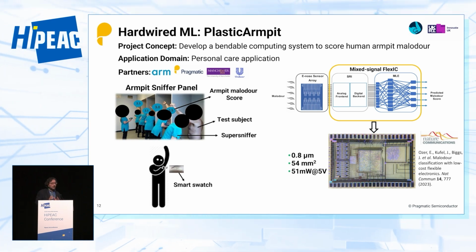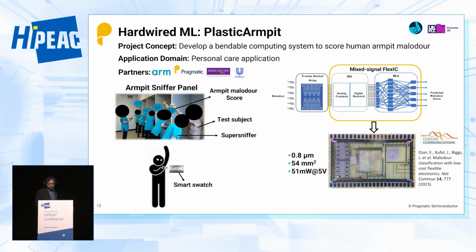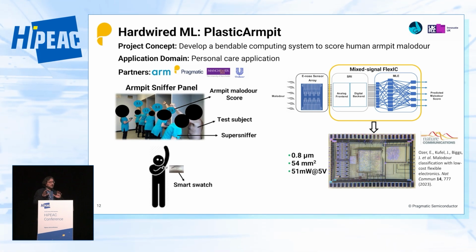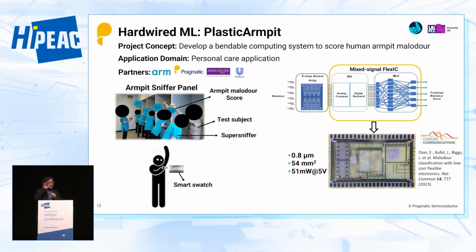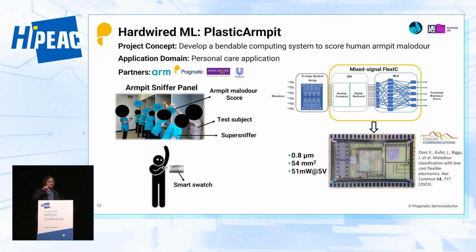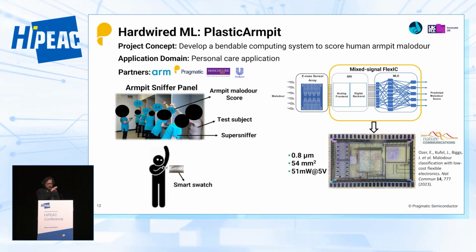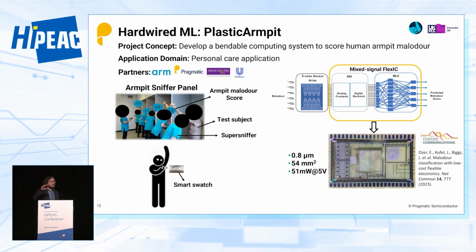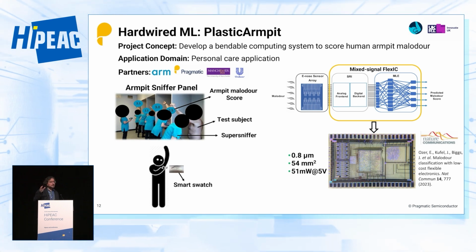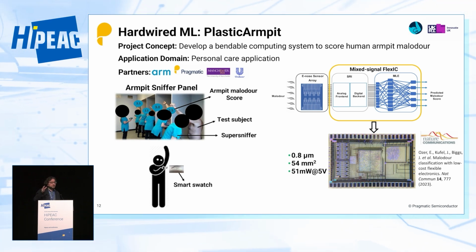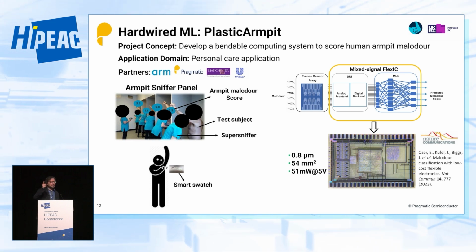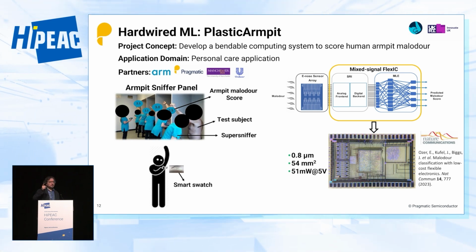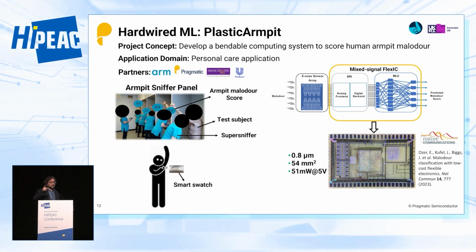And Pragmatic and ARM built a mixed signal IC interfacing the sensors, and then a very simple machine learning, just predicting the malodor score. When the smell is exposed to the sensor, the data comes to the chip. The chip translates it into digital and provides it to the ML. The ML says this is score 1, which is okay.